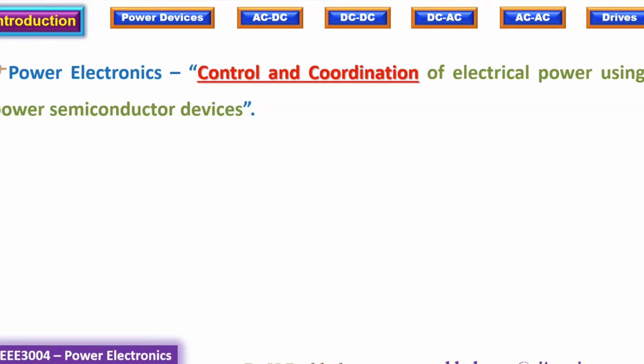So now getting on with the job. What is power electronics for us? What is it going to do for us? See, the main idea is these 2 things: control and coordination of electric power. The meaning of control is, have you undergone a course on control systems? To know the response of a particular system.